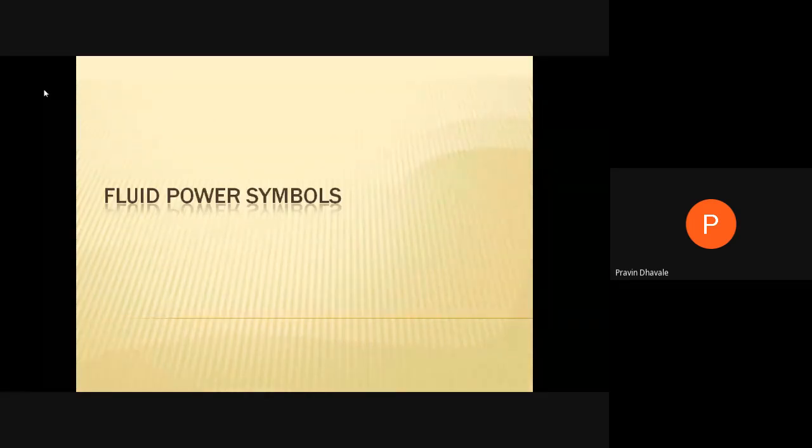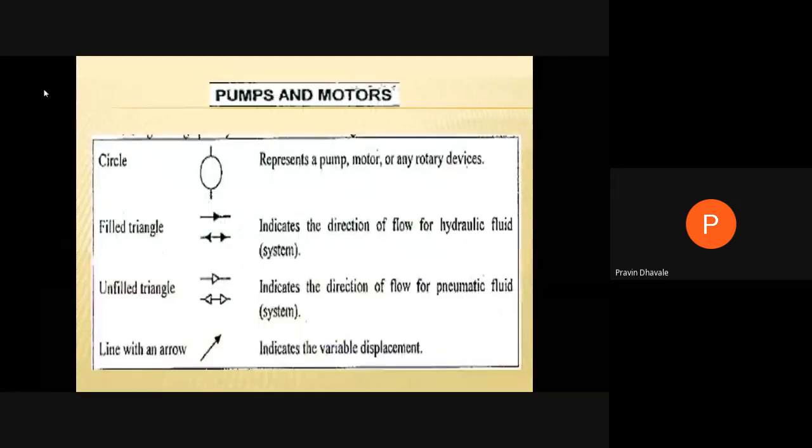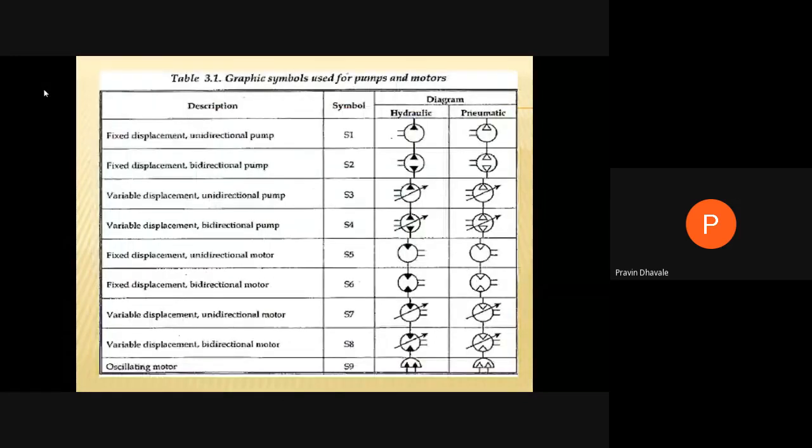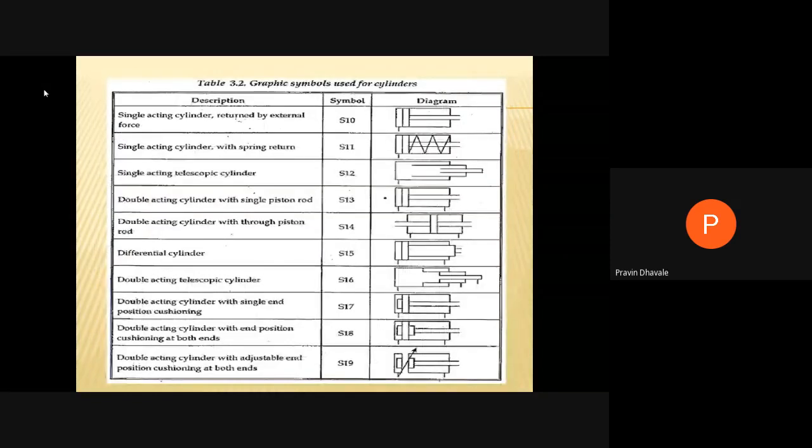Likewise, in the last lecture, we focused on how pumps and motors are symbolically represented. Then we saw the various types of pumps: fixed displacement, unidirectional, bidirectional, and variable displacement. These symbols we studied in the last lecture. The graphical symbol for the cylinder is also shown in this diagram.